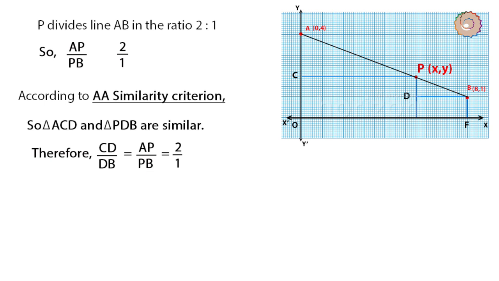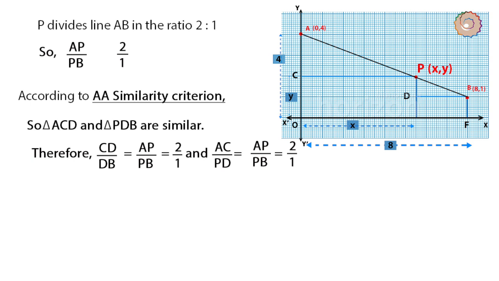Therefore, CD by DB equals AP by PB equals 2 by 1, and AC by PD equals AP by PB equals 2 by 1. From the figure, we can understand that OE equals x units and OF equals 8 units. Also, OA is 4 units, OC is y units. So CD equals x and DB equals 8 minus x.